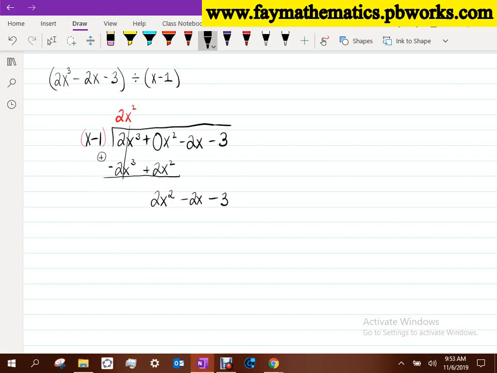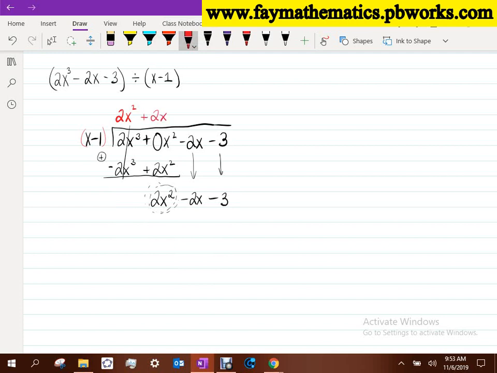Ultimately, you bring down everything from the original problem that you did not use in that first step of the algorithm. Now you have to ask yourself, what do I need to multiply x minus 1 by to get this 2x squared? 2x.